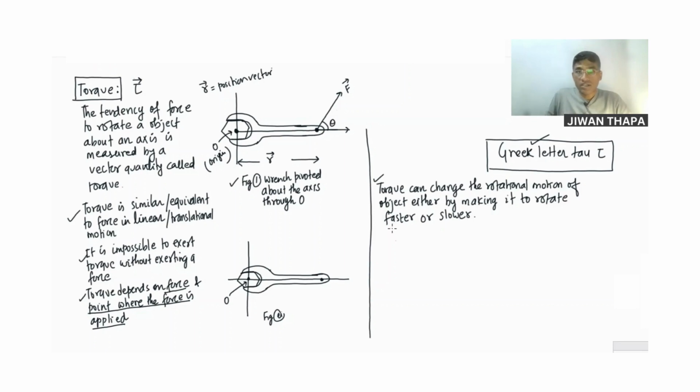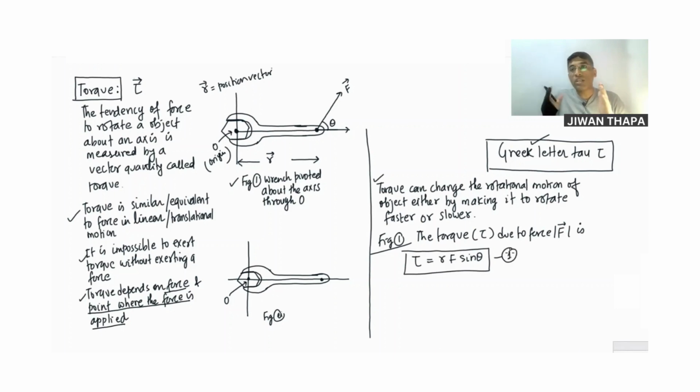So with reference to figure 1, the torque in magnitude, tau, due to force F is tau equals R F sine theta, and let us call it equation 1.